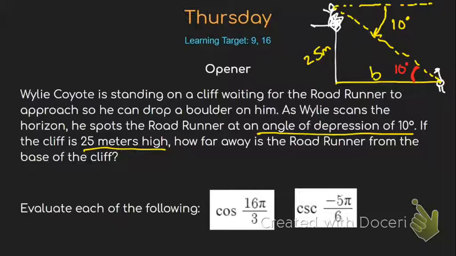So if we look, we've got this transversal line right there, and then we've got these parallel lines. So if you go back to geometry, alternate interior angles. Okay? So yeah, we can definitely put the 10 right there. That's one way we can handle this.